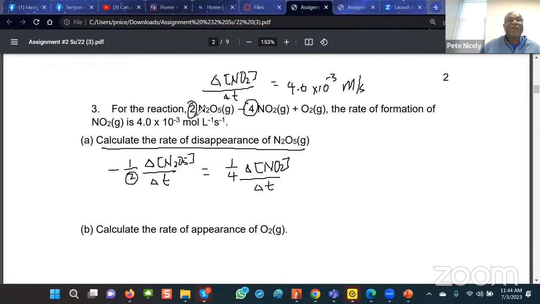So this 2 here comes from the coefficient of 2 in the case of N2O5, and this 4 here comes from the coefficient of NO2 right here. Now, what the question is asking for is this right here.